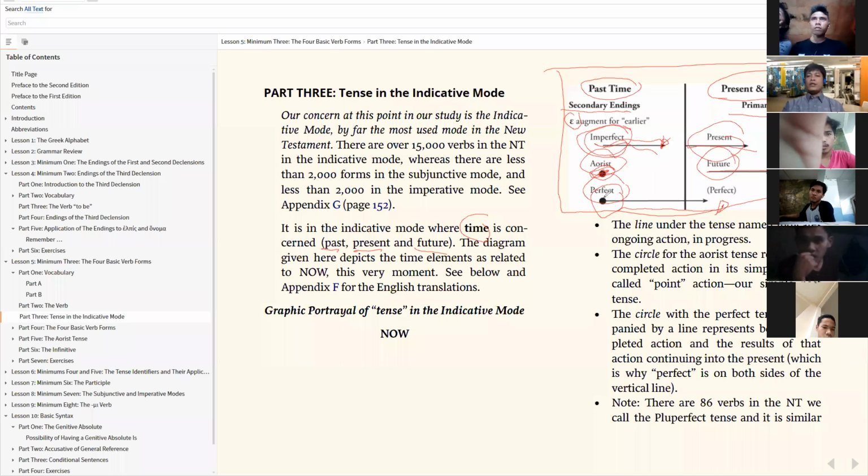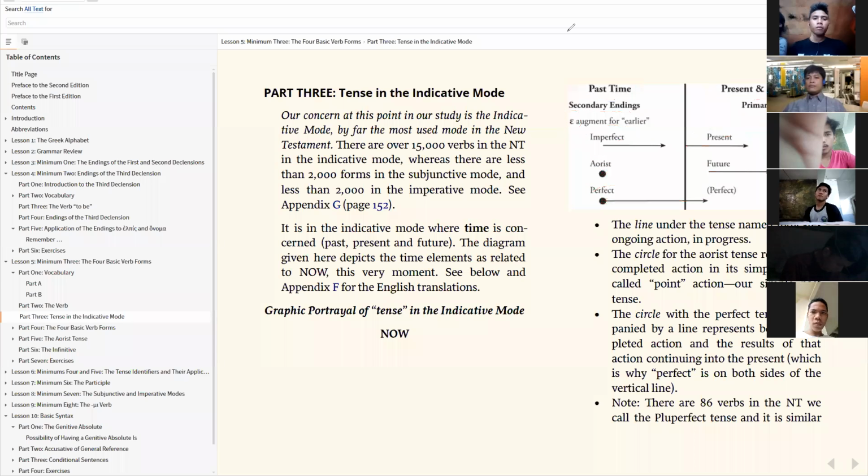But for the perfect, you have a certain period of time, and the action was done in a certain period of time, but it is still continuing up to the present time. That is what you call the perfect. All right.